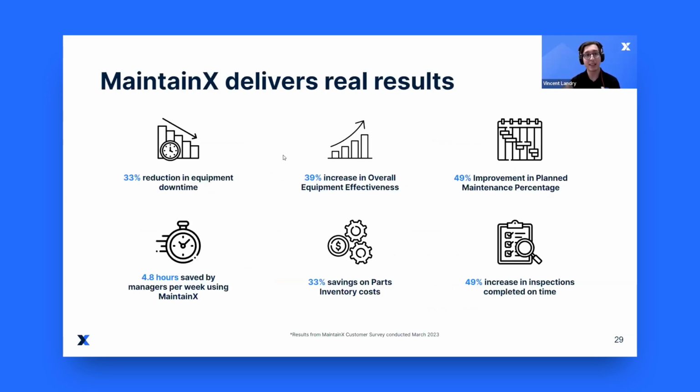So, a quick slide also to showcase MaintainX, the reason why we're number one in the industry. This is a survey that was conducted with our customers last year, in 2023.